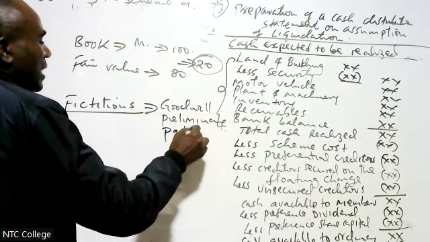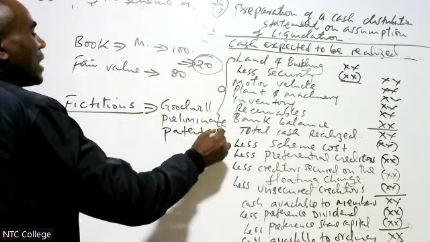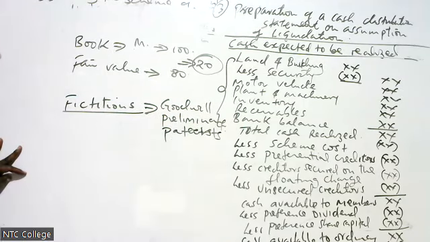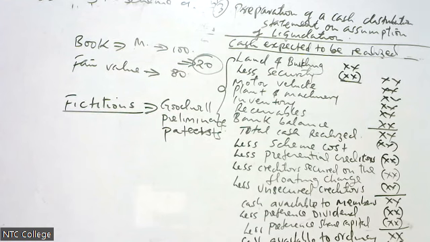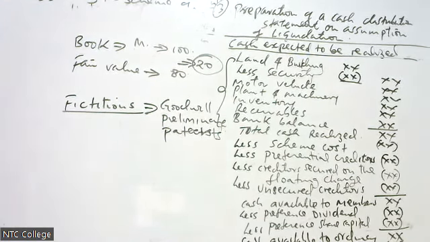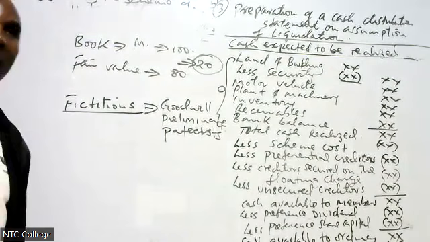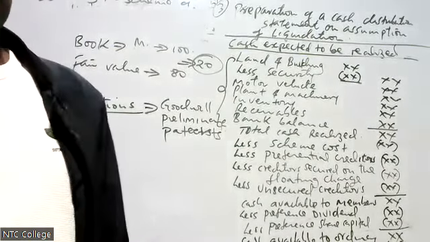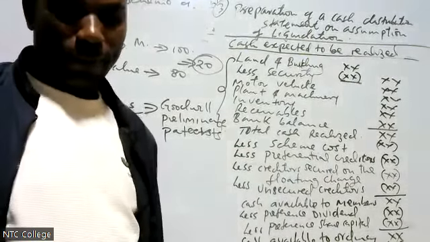Those are fictitious assets. You write them off. If you are making losses, then there is no need of those assets being on the balance sheet. You write them off. Then we are saying unnecessary fictitious assets to be written off.